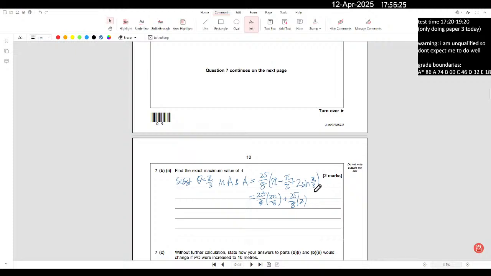Sine pi over 3, sine 60, should be root 3 over 2. And this is 50 pi over 24 plus 25 root 3 over 8.